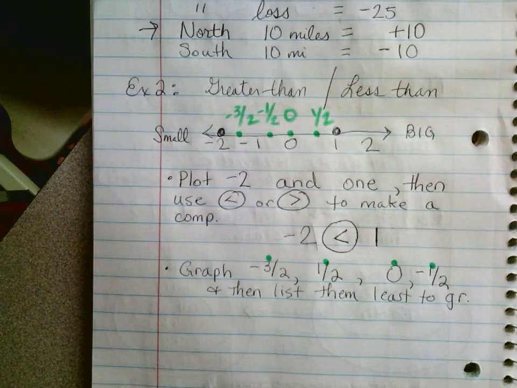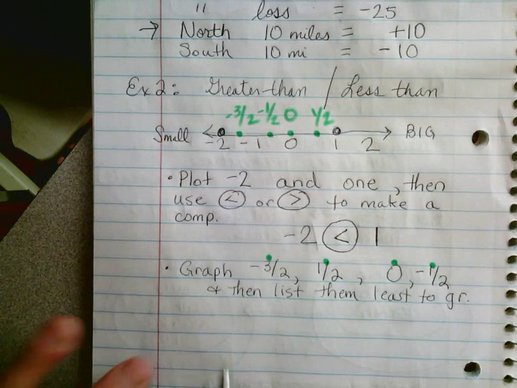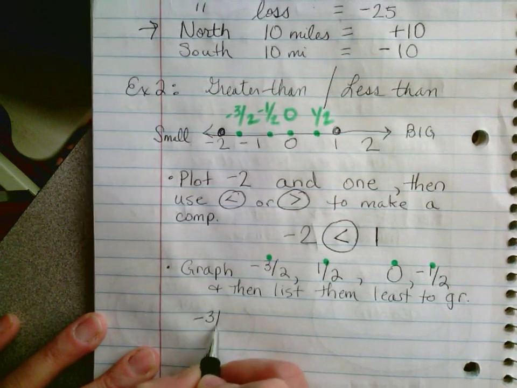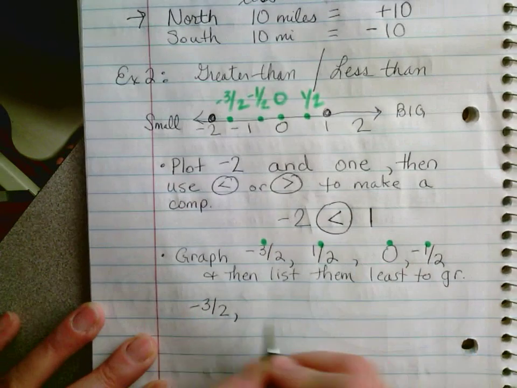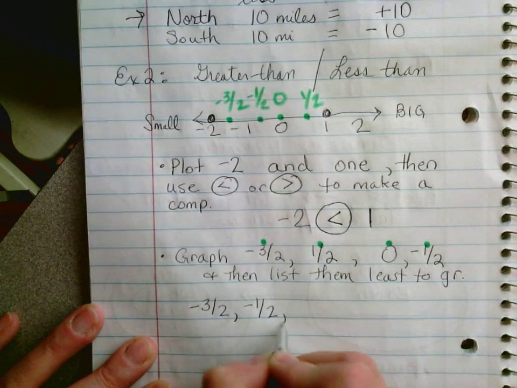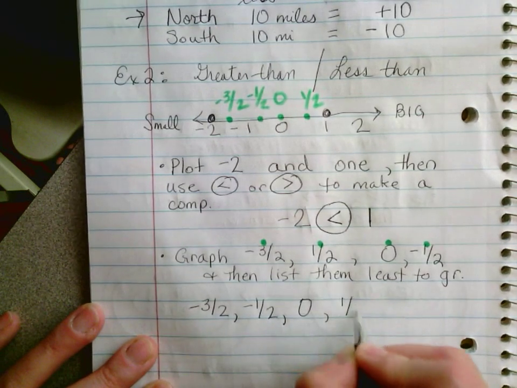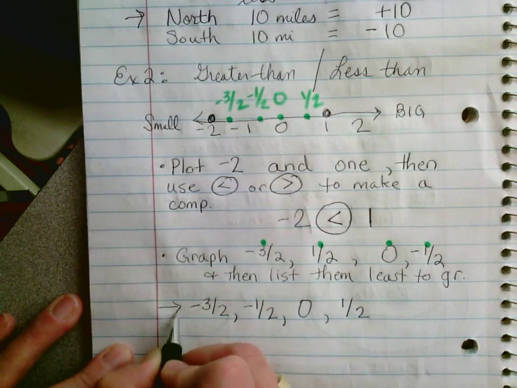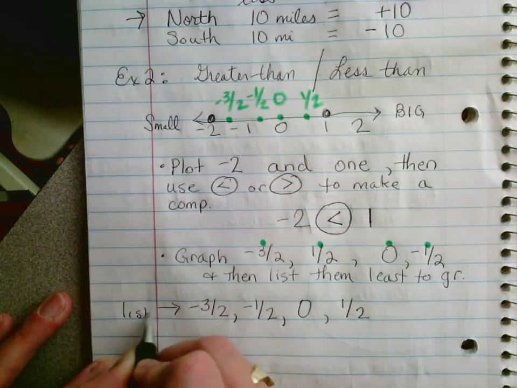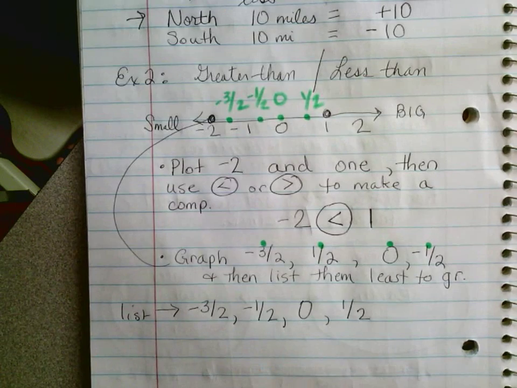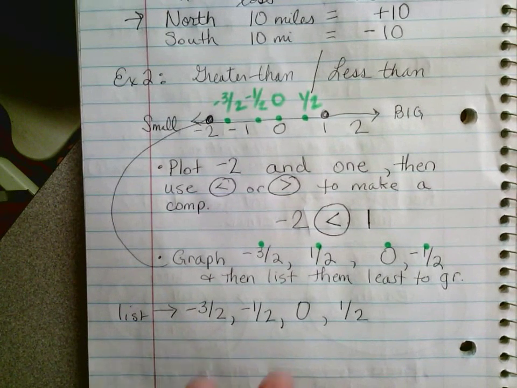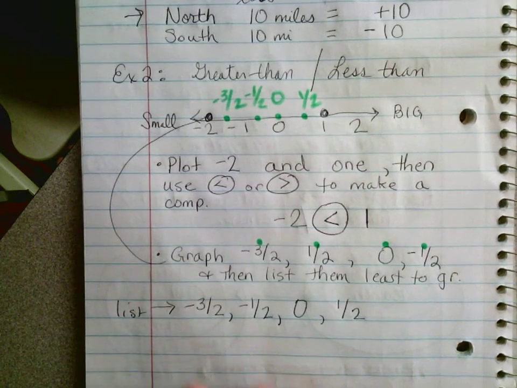So based on the number line, the littlest or smallest is -3/2, followed by -1/2, 0, and 1/2. So this is the list. Up there is the graph. Okay, you're going to be asked to graph and list. So you'll need to do that.